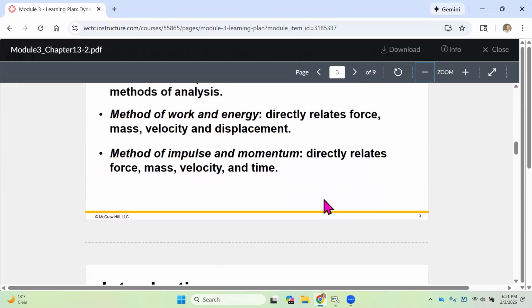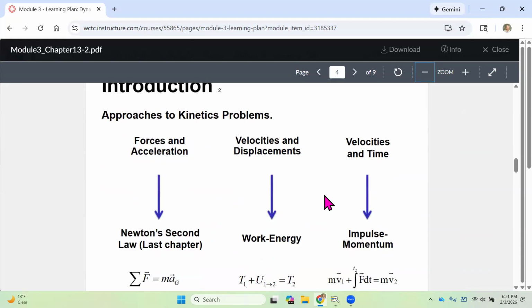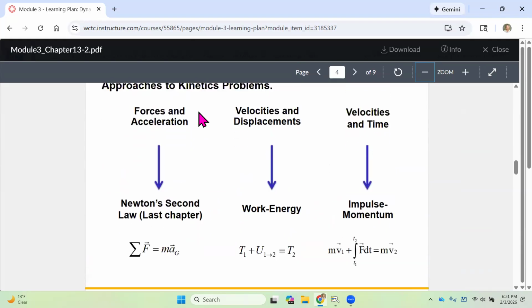Now what we're going to find is, I'm going to scooch down here because I actually like this slide a little bit better. Over on the left-hand side, Module 2 was all about what are the forces? What are the accelerations that we're trying to find? Or we're given forces and accelerations to try to find something.